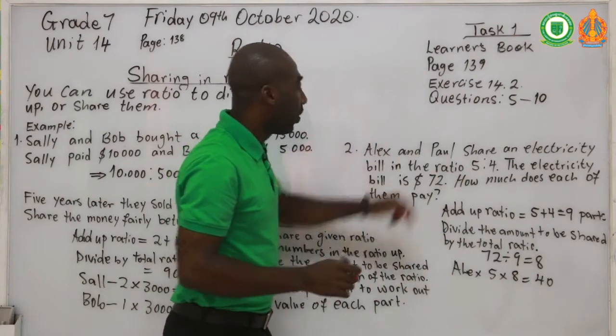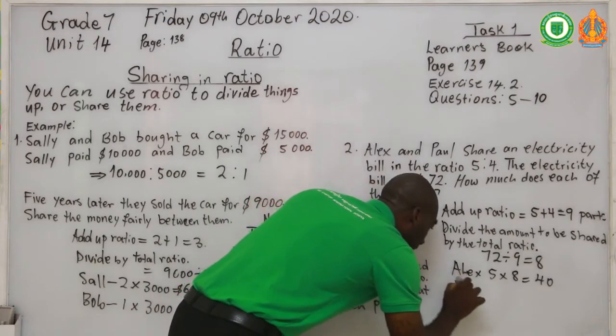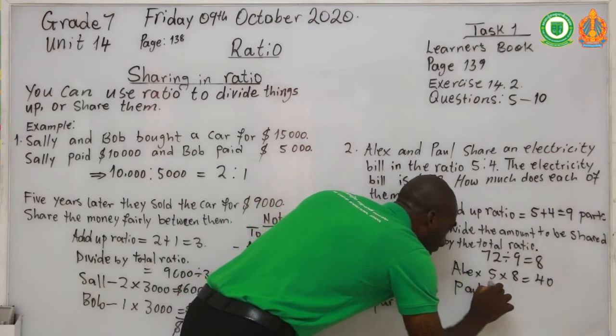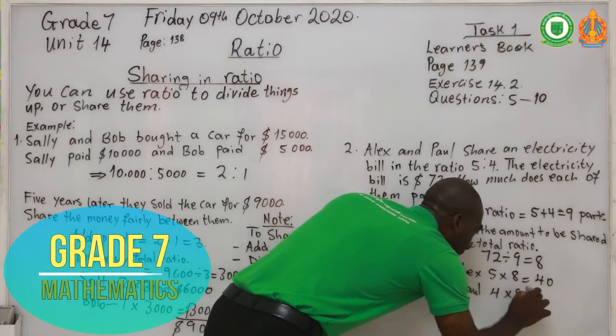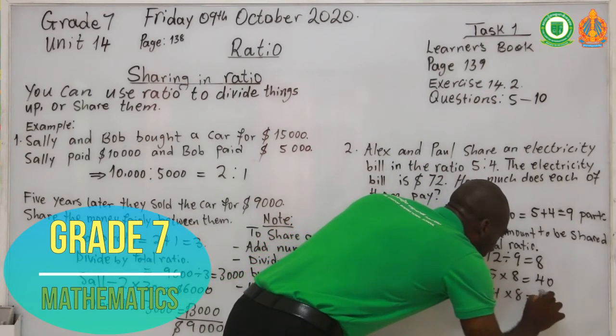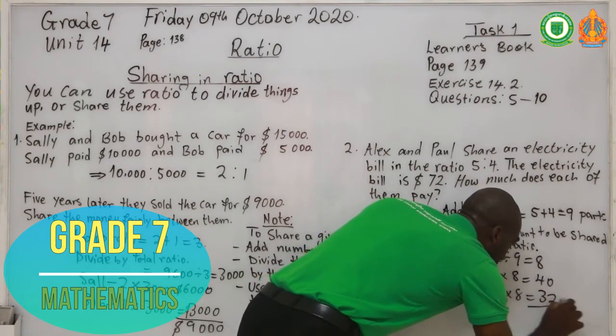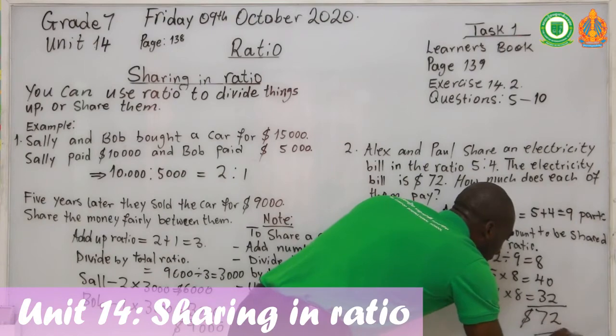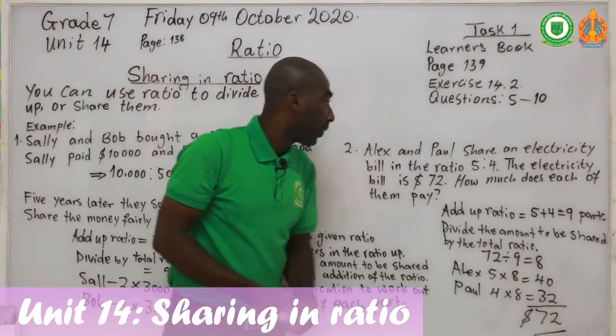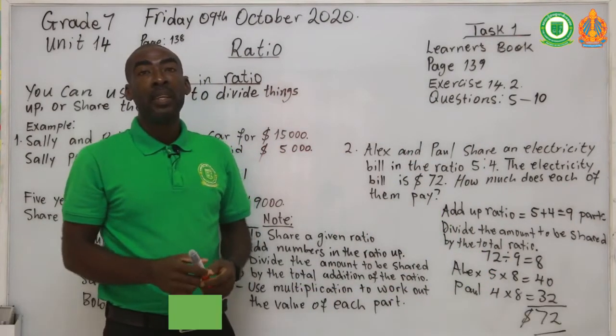And then Paul, so Paul's point was 4, and we multiply that by 8, and that will give us 32. So if you add these two together, that will give you your $72 for the electric bill.